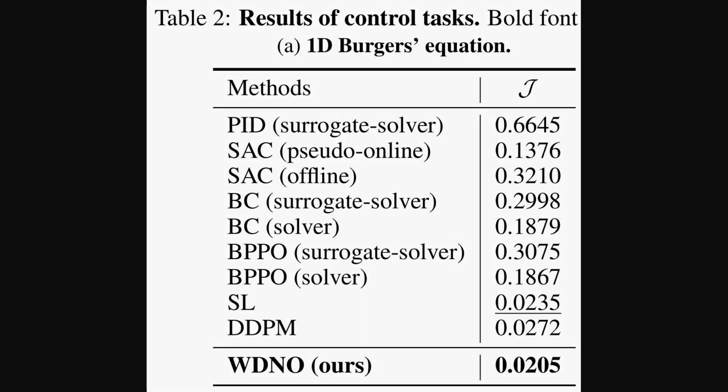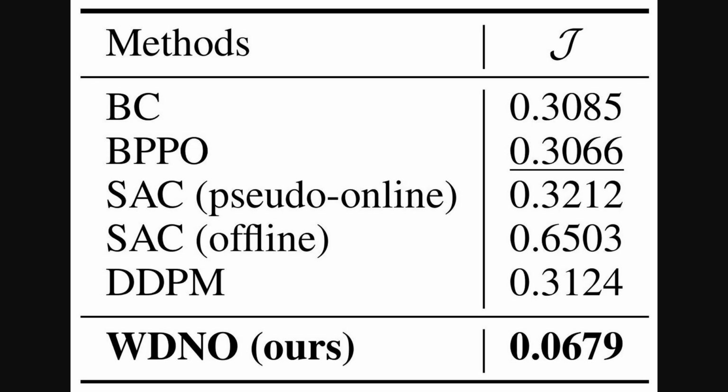for this system. And now, looking at the second part of Table 2, this shows results for a much more complex 2D fluid control task. Remember that smoke steering problem we saw visualized earlier? Well, here's the quantitative measure. Again, J is the cost. Lower means better control. Wow, look at WDNO's score here, 0.0679.